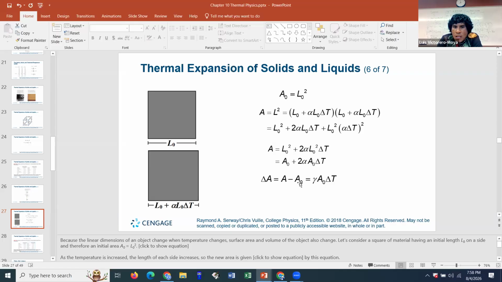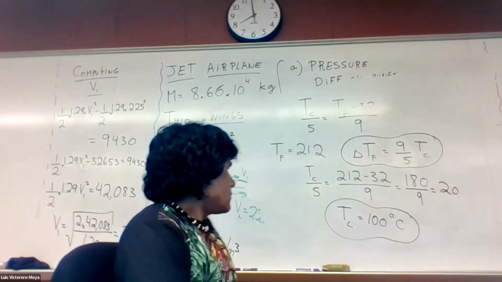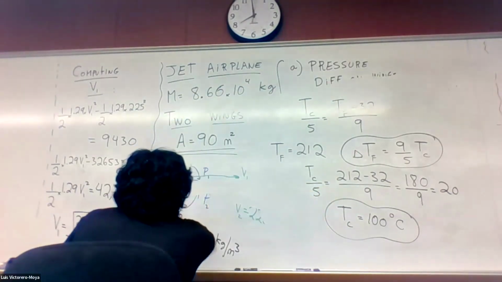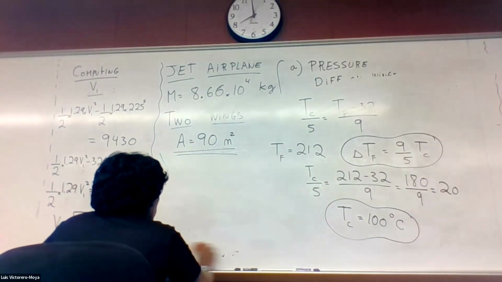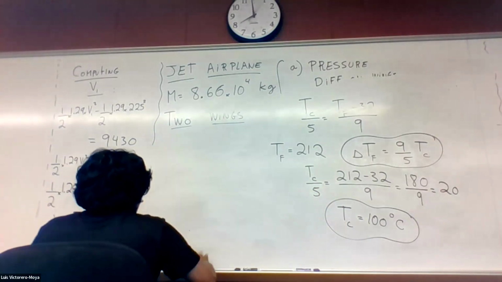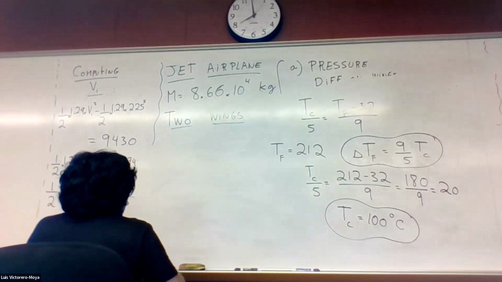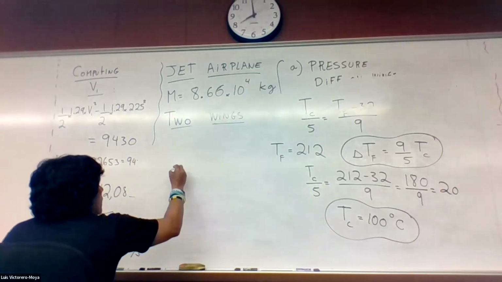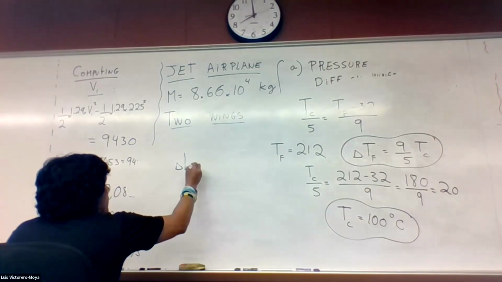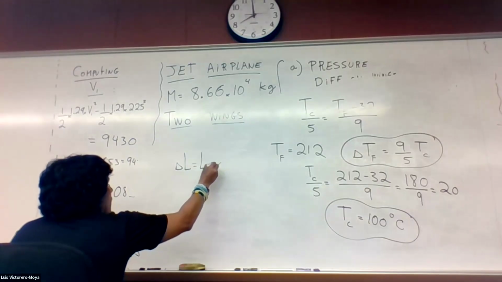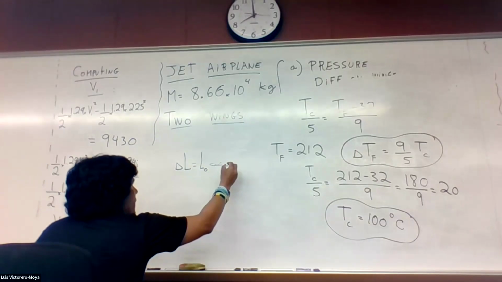So basically, the area change is equal to, or I can write it on the board. So your delta L, if you're looking just at linear expansion, delta L is initial L, alpha, the coefficient of linear expansion, change in temperature.